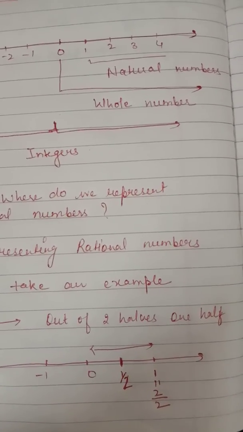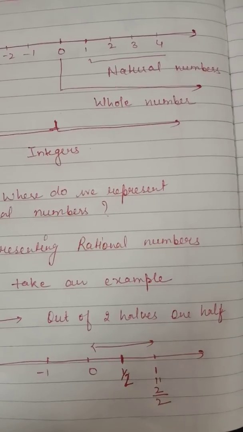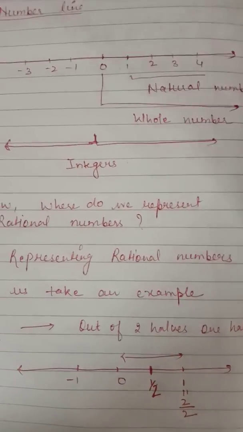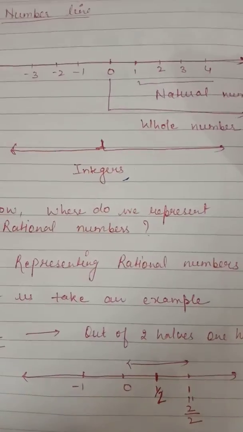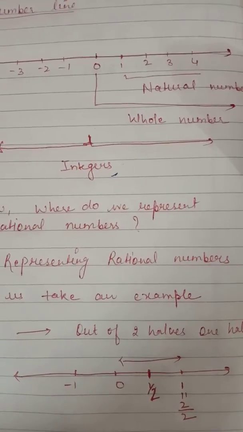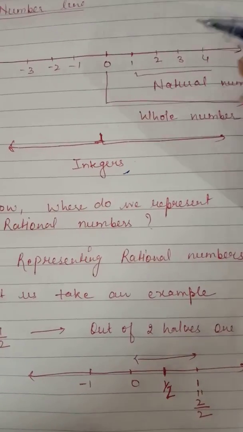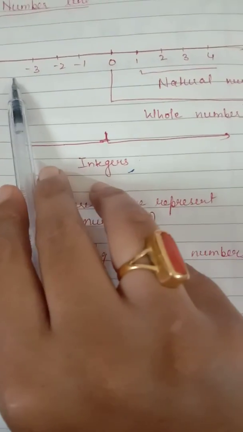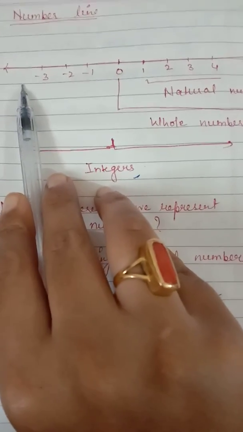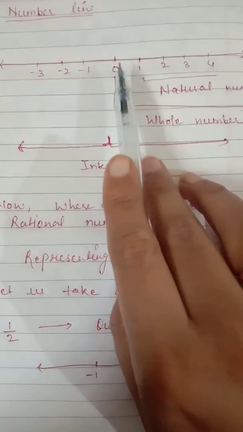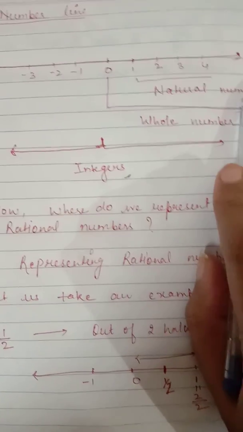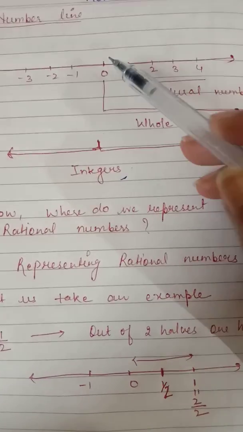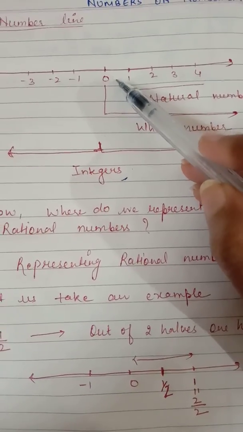Now we will move further. So the question arises: can I represent integers on the number line? I will see that there are negative numbers also present on the left side of 0, and on the right side of 0 positive numbers are present, and in the middle 0 is present.